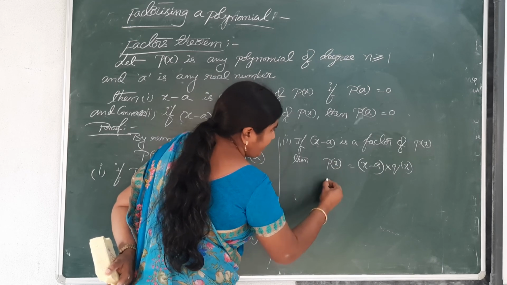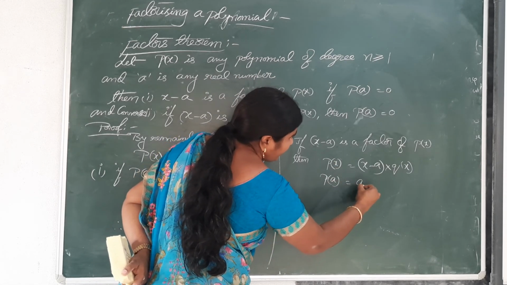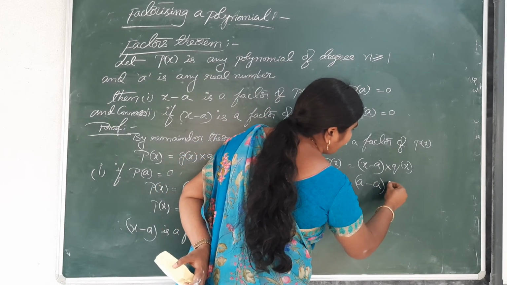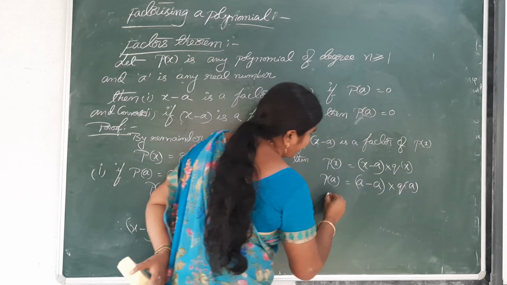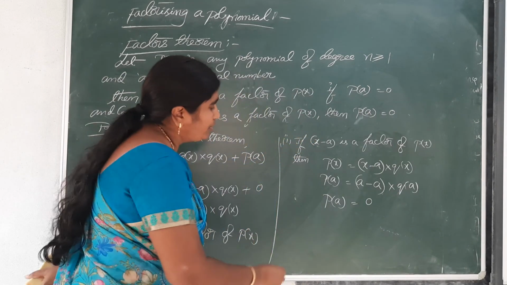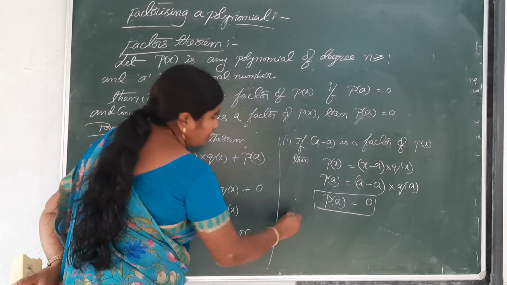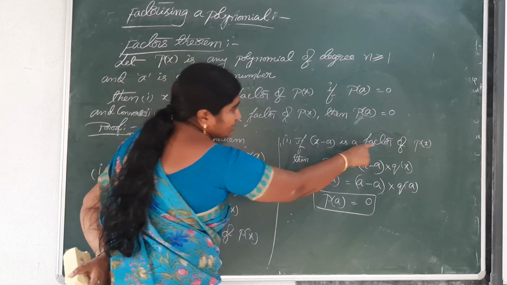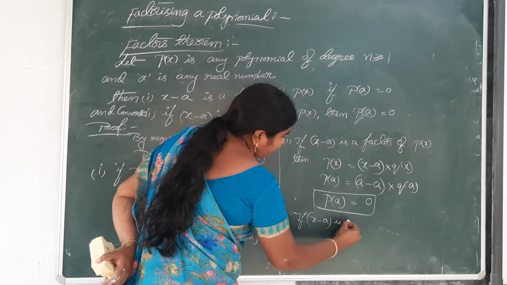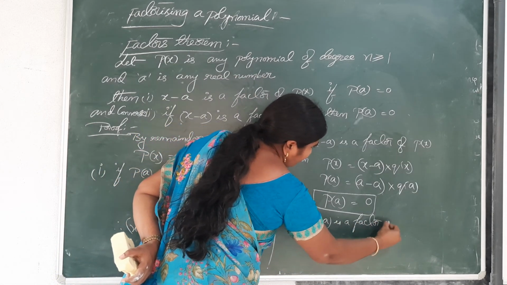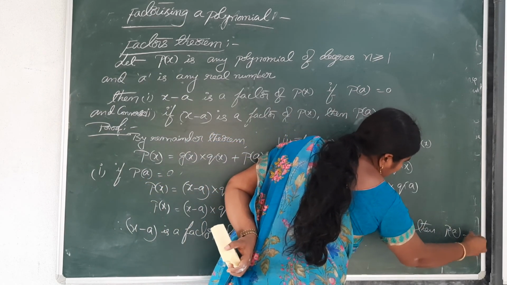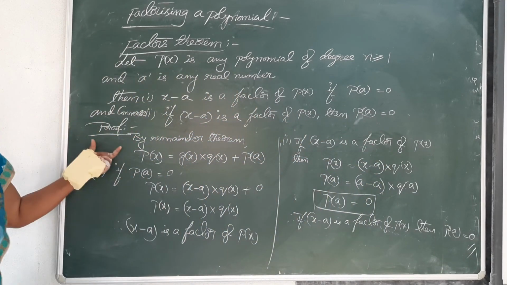Replace x by a: p of a equal to a minus a into q of a. a minus a is 0, and 0 into something is 0. Therefore, p of a equal to 0. If x minus a is a factor of p of x, then p of a equal to 0. This is factors theorem proof.